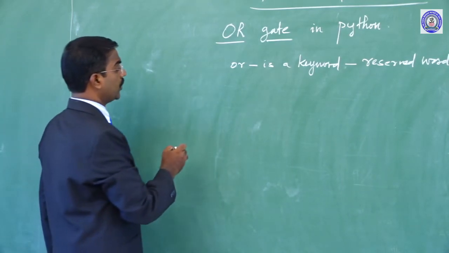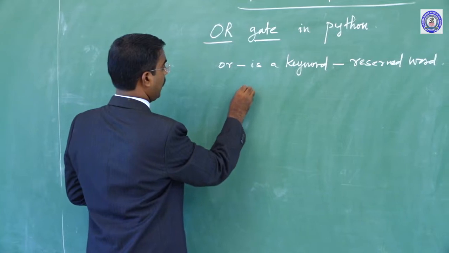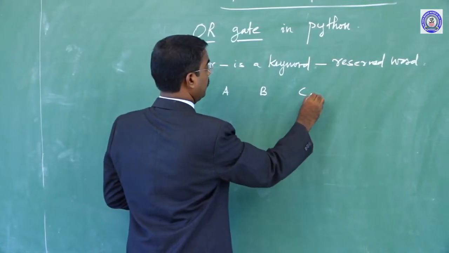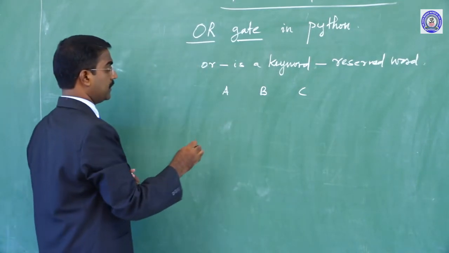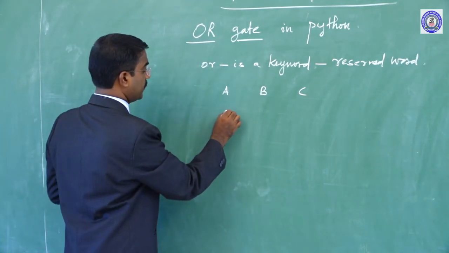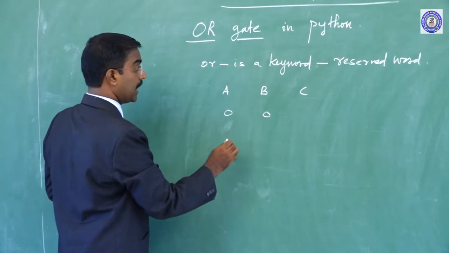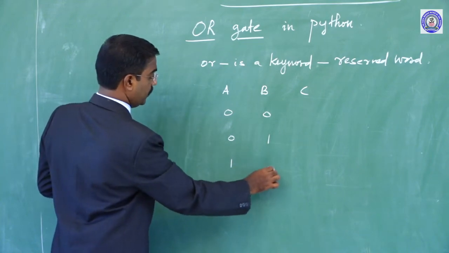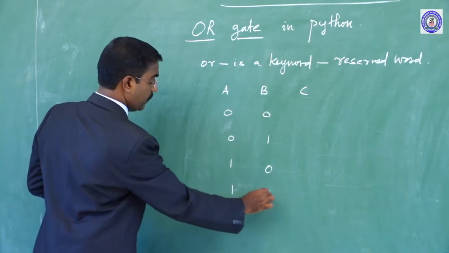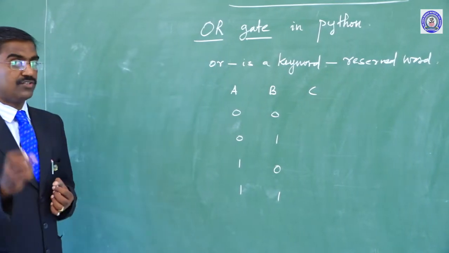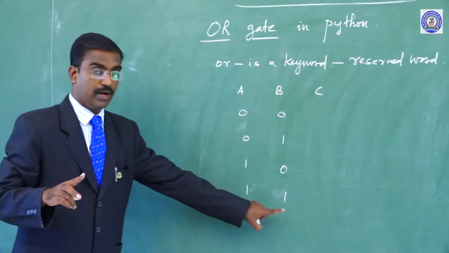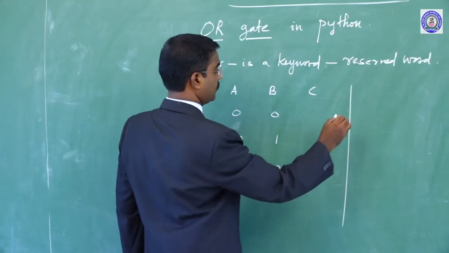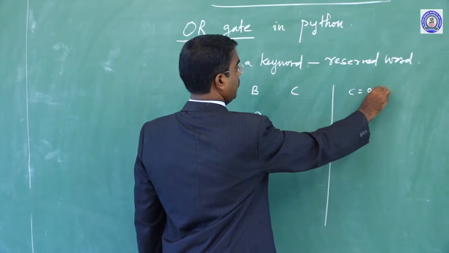Basically, I will tell you, there are two inputs, A and B, and the output C. The inputs are 0 0, then 0 1, then 1 0, and then 1 1. We start at 0 0 and end at 1 1. The OR operation means addition, so C equals A plus B.